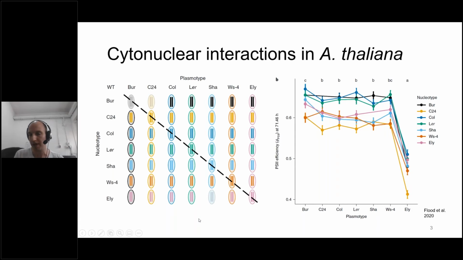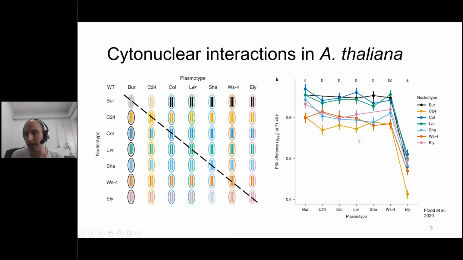Then they measured the performance of a range of different phenotypes, and they looked at how the nucleotype performs in every one of the different plasmotype backgrounds. We can see that the performance of the nucleotype, for example on the efficiency of photosystem 2, which is one trait that we're analyzing, varies strongly depending on which plasmotypic background the nucleotype is found.